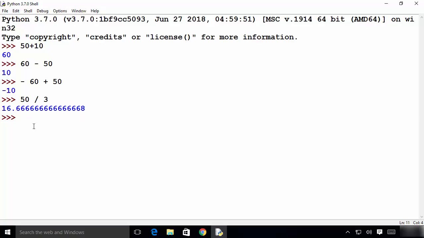If you want to just get an integer value and not the decimal value out of the division, then you can write this expression, which is 50 // 3, and then press enter, and now you get 16, which is a whole number, or an integer.